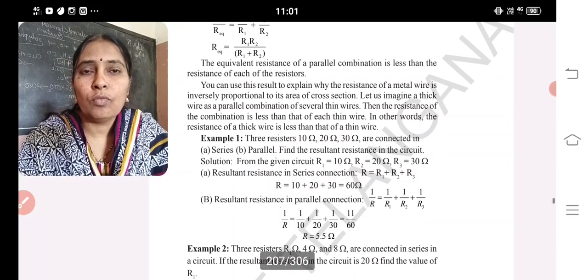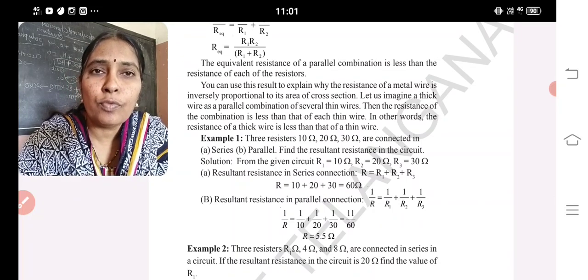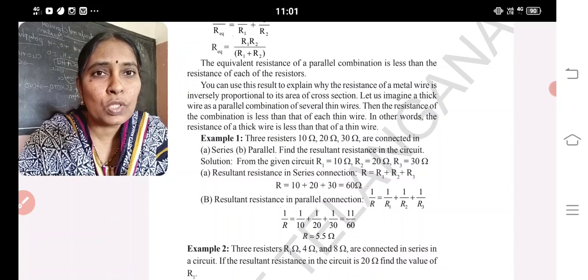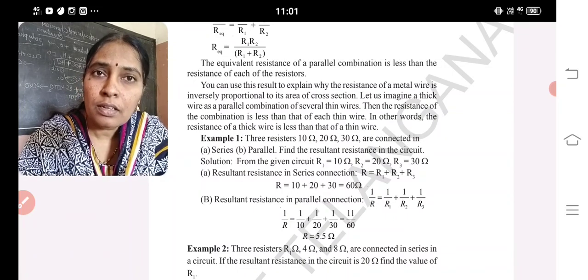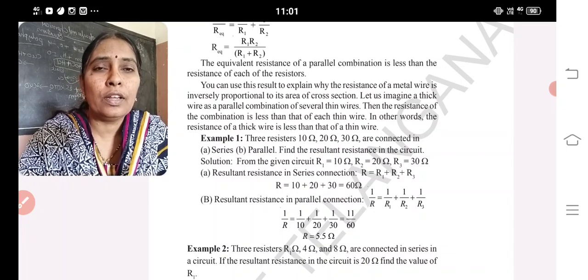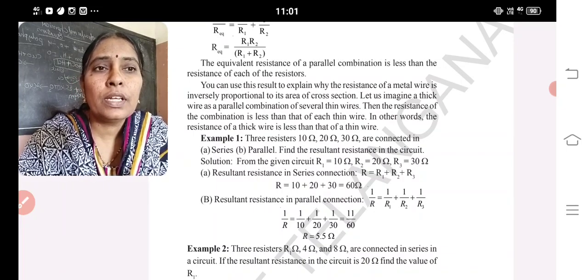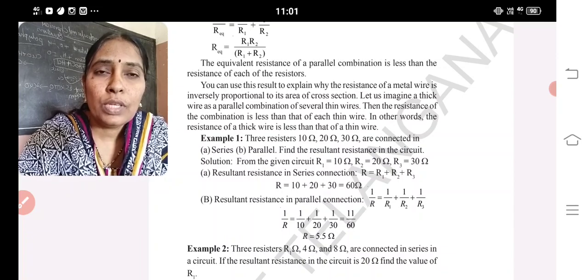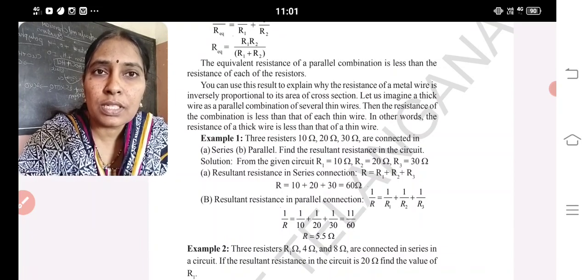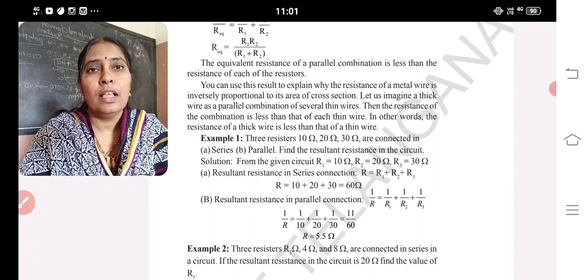The derivations we discussed in our fourth lesson... In the first lesson I said that the formula is important but derivations are not important. Here, he will definitely ask this formula as well as the derivation problems for 4 marks. So for equivalent resistance in series connection, don't be in a dilemma that the teacher said derivations are not needed.